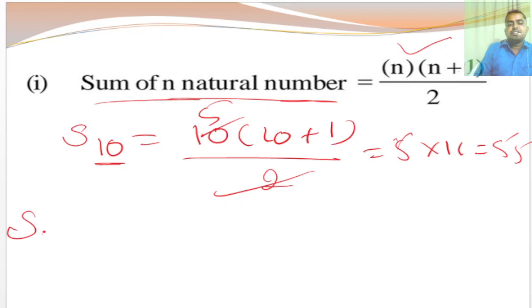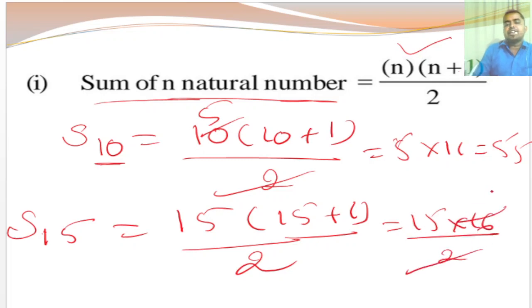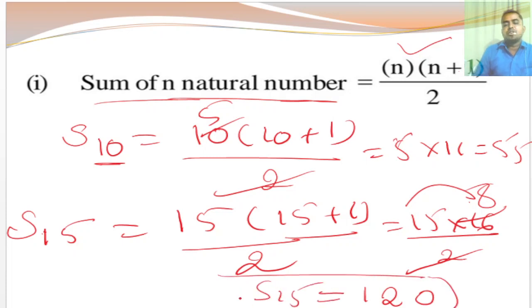Sum of first 15 natural numbers, n means 15 here. 15 into 16 divided by 2, 2 8s are 16, cancel, 15 into 8. 8 5s are 40, 8 1s are 8, 120. Sum of first 15 natural numbers is 120. So in this manner we use this formula.